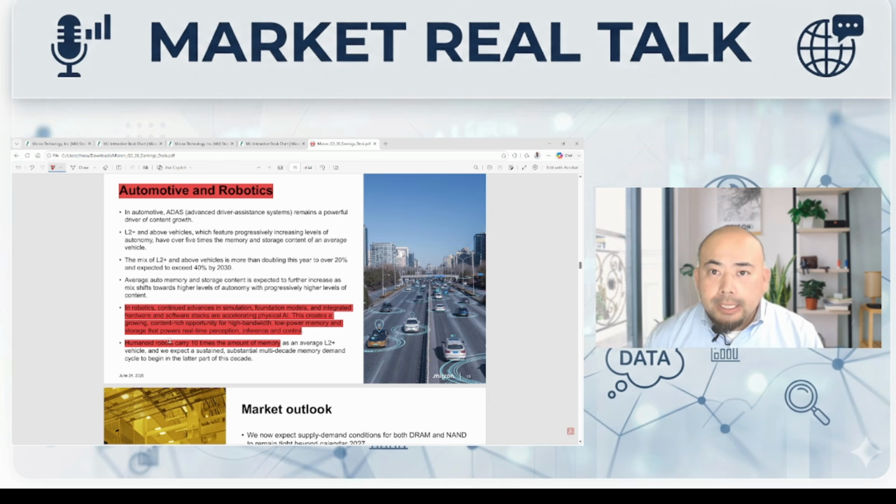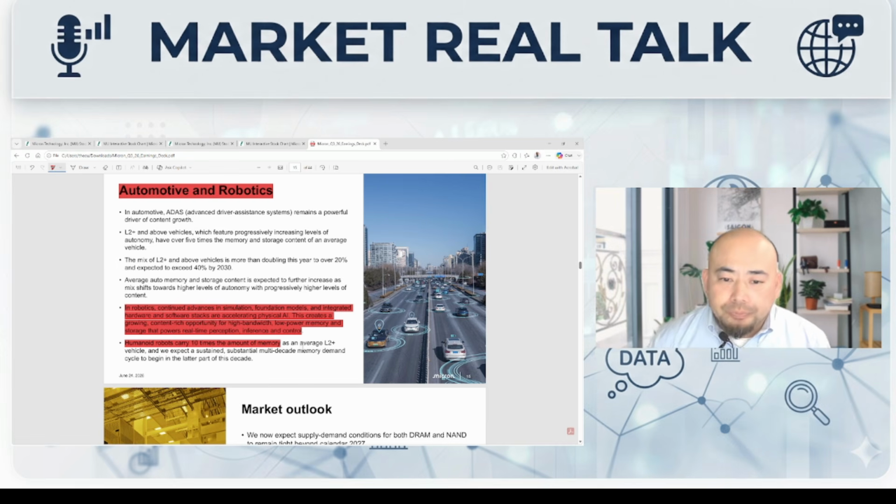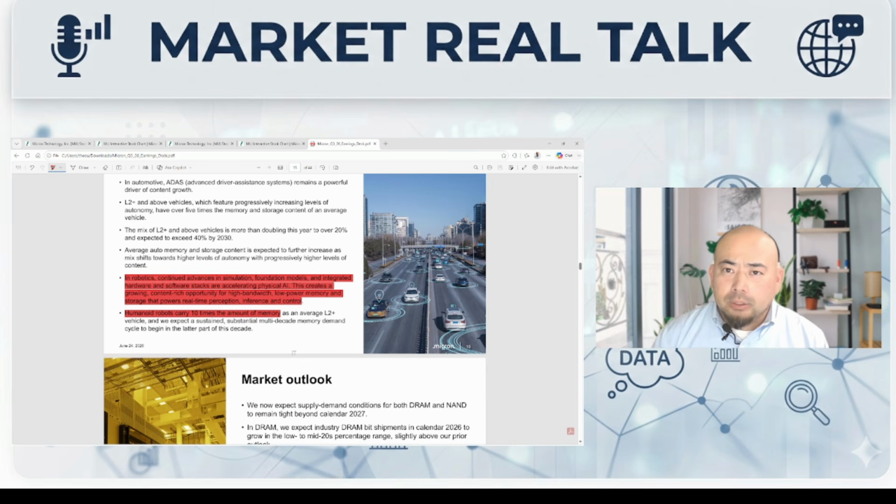Get this right here. Humanoid robots carry 10 times the amount of memory as an average L2 vehicle, and they expect that to sustain for multi-decade. That's just crazy, okay? If you haven't heard, Jensen Huang, the godfather of AI, okay?